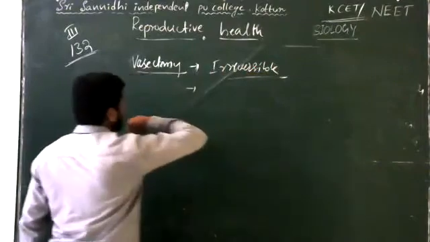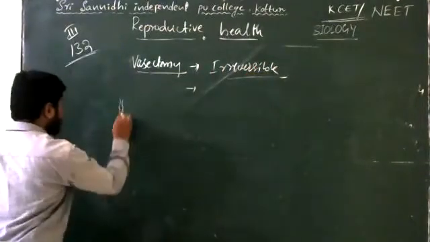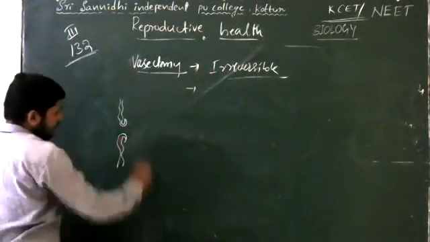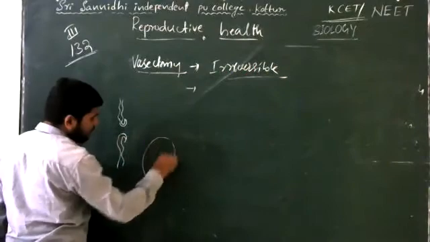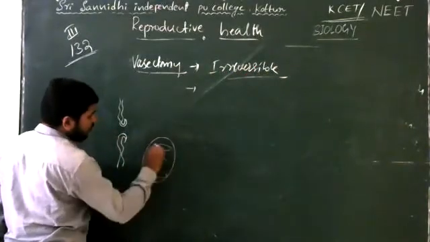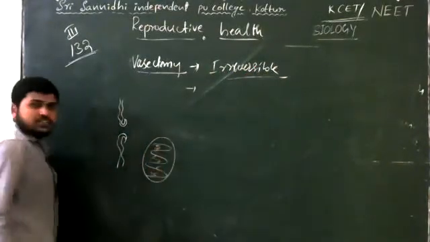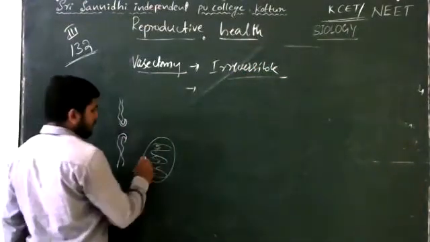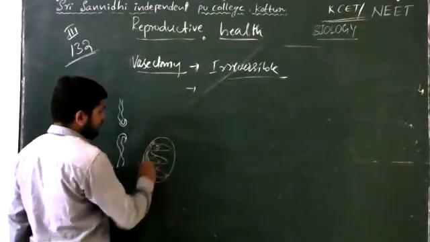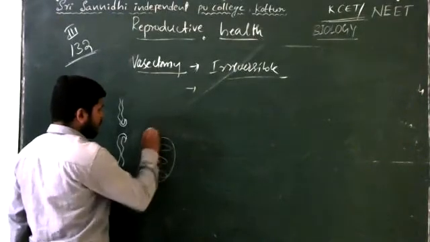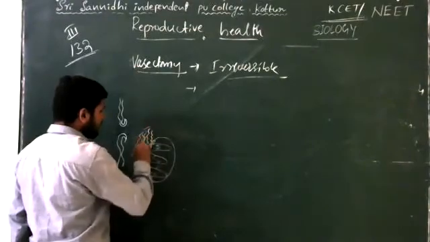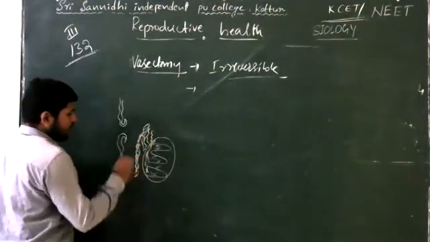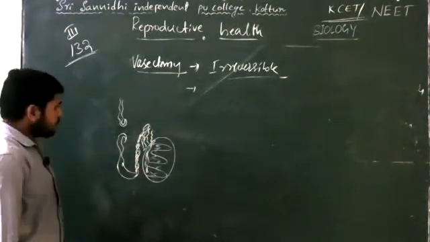Because of vasectomy, a small portion of the vas deferens is cut and tied. Here, the sperms are produced in the seminiferous tubules. What is the pathway for transport of the sperm? The seminiferous tubules are connected to rete testis, then vasa efferentia, to epididymis.